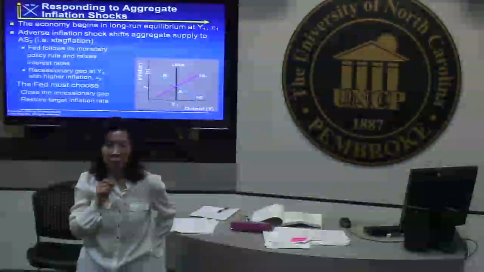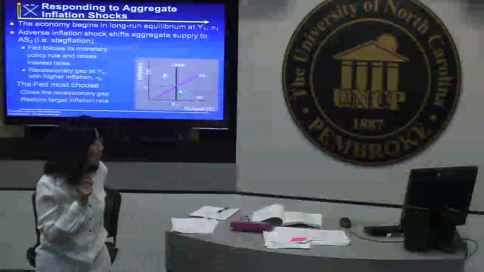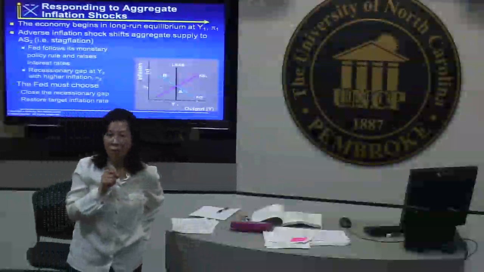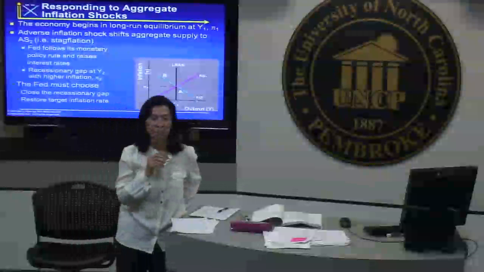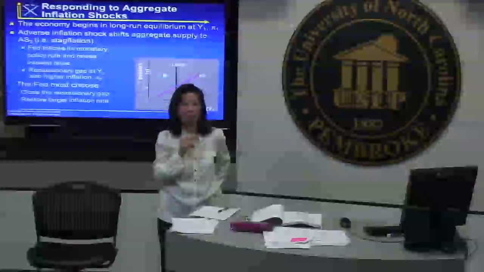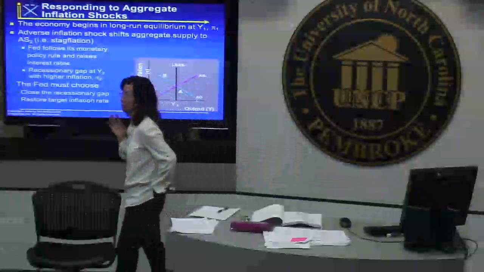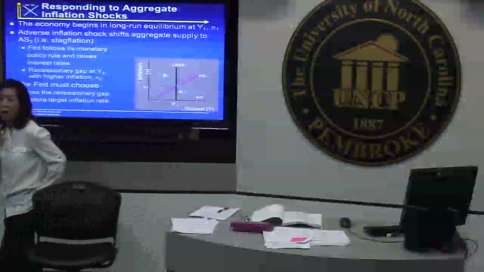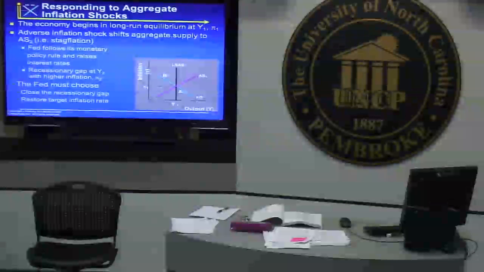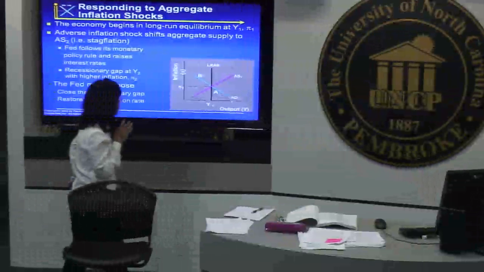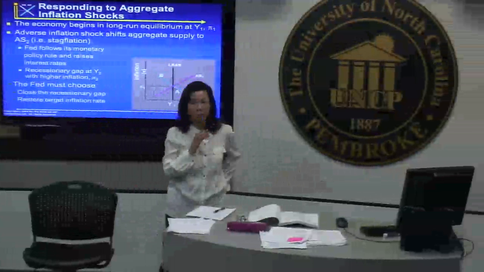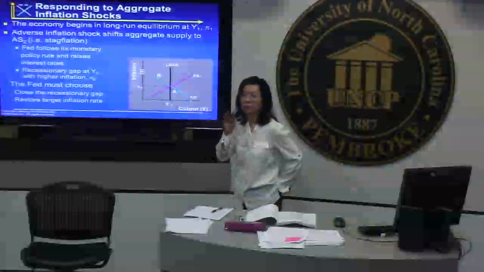Okay, very good. Then the next question is, for an adverse inflation shock, what direction? Adverse means no good. No good means a higher inflation rate. So be careful now. Which way do you want to move so that you have a higher inflation rate?